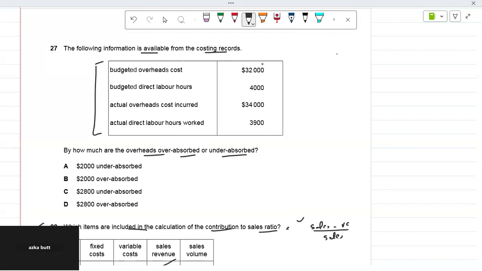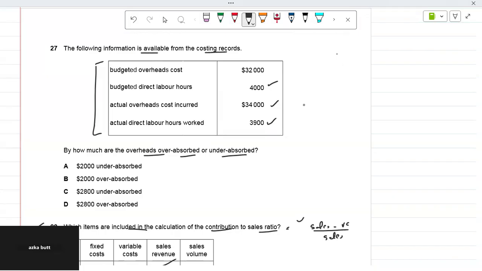We have the budgeted overhead cost, budgeted direct labor hours, actual overhead cost incurred, and actual direct labor hours worked.